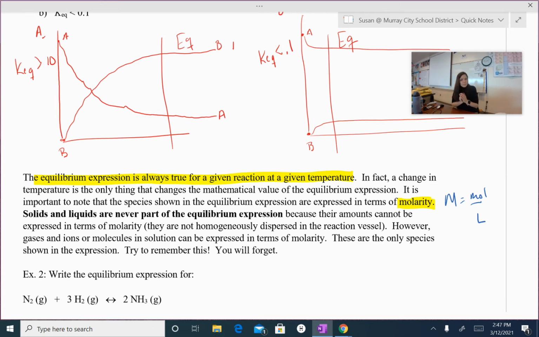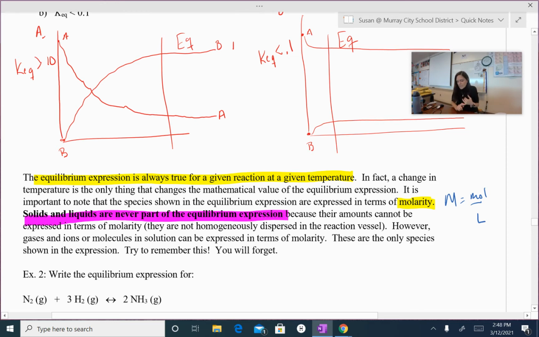Solids and liquids, because they can't be expressed in molarity, are never part of the equilibrium expression. And I will highlight that. That is super, super important. Solids and liquids are never part of that equilibrium expression.